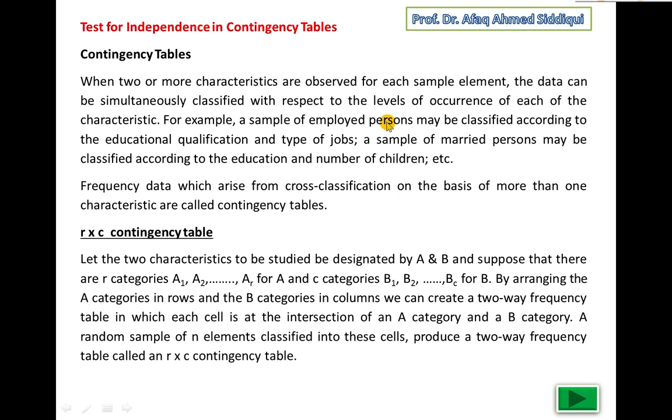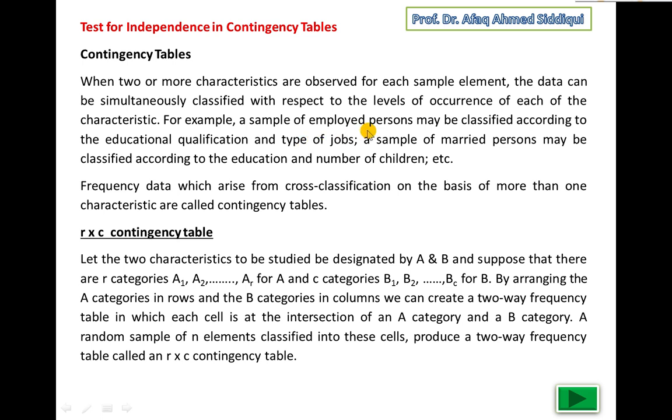So for testing independence or dependence we use the test for independence. If you have two variables, two characteristics, two criteria of classification, then we use the test for independence. With the help of the test for independence we test whether both characteristics, both criteria of classification, are independent or dependent. You can study any two characteristics.